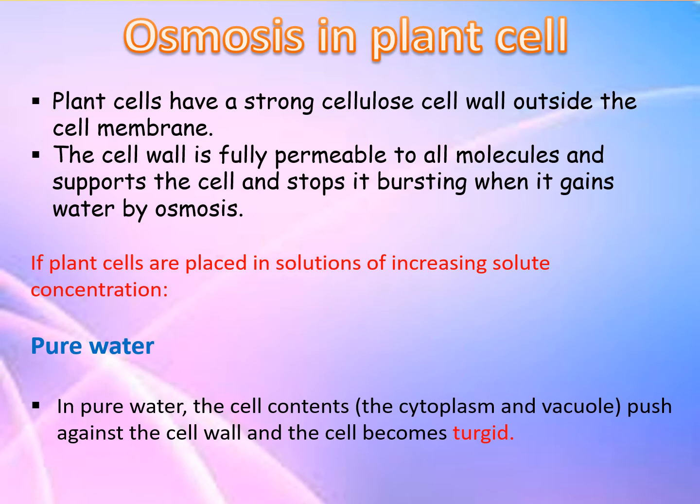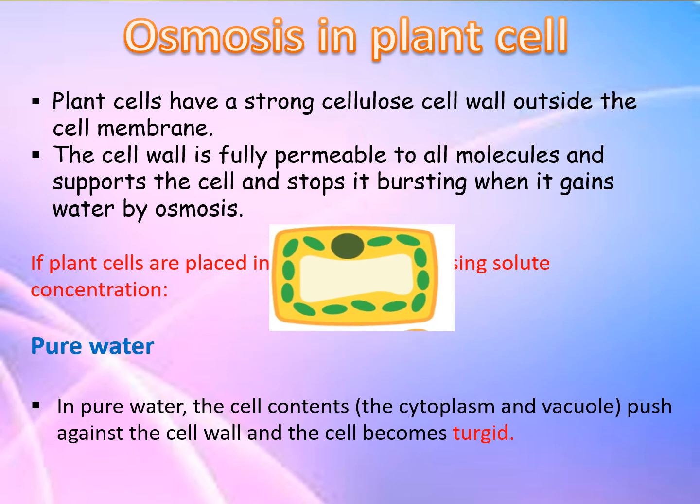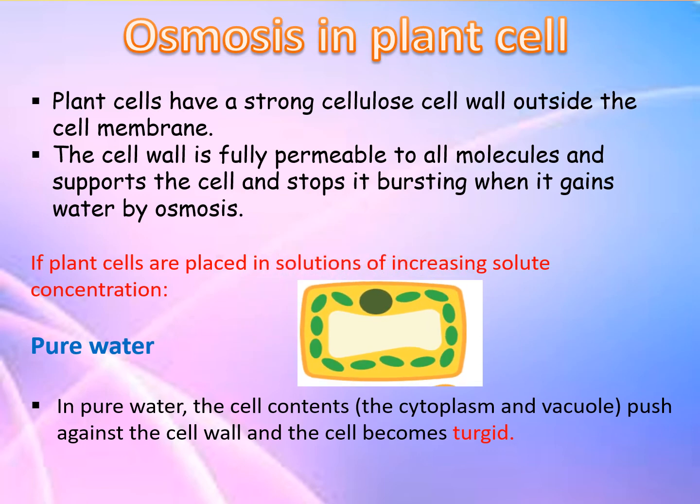The contents of the cell have lower water potential than the external solution. So the cell will absorb more water by osmosis, the cell swells up and the cytoplasm pushes against the cell wall. A plant cell that has developed an internal pressure like this is called turgid. You can see the picture.